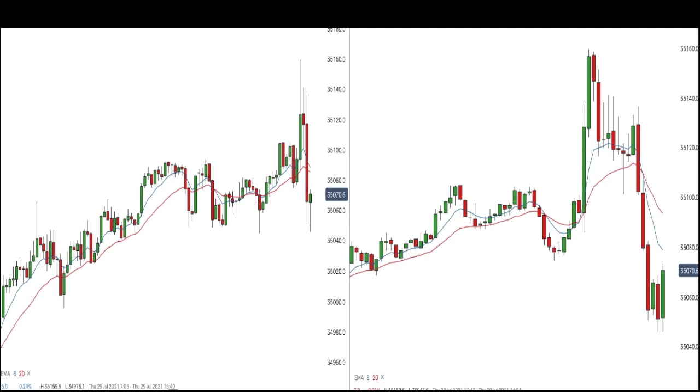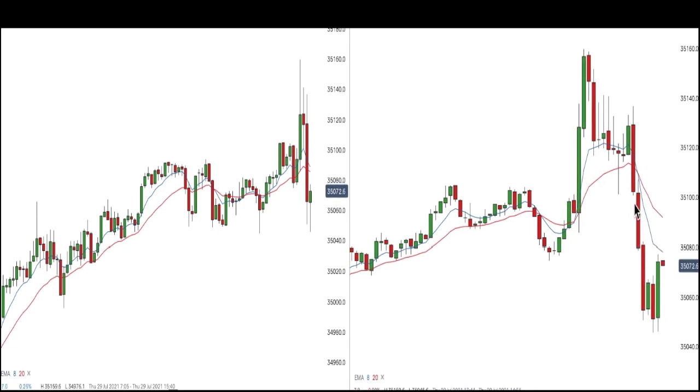Right, we might have a short coming up there because price is just below the 8 EMA and I expect it to bounce down. There we go. You've got your trap, a little bit of rejection at the tops, so that's a trap for the bulls, expecting it to go up.